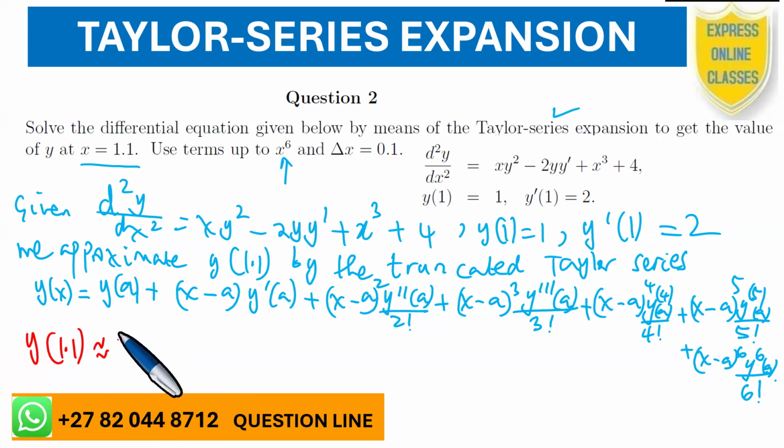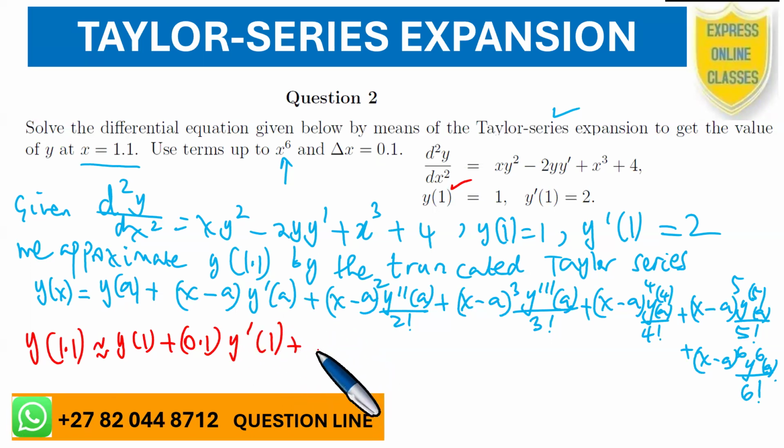And now it's going to be y at 1, because this is at 1. And then plus 1.1 minus 1, which is going to give us 0.1, y prime at 1. And then you subtract here, which is 0.1, you square it, y double prime at 1 divided by 2 factorial.